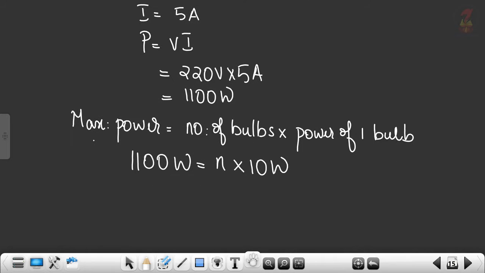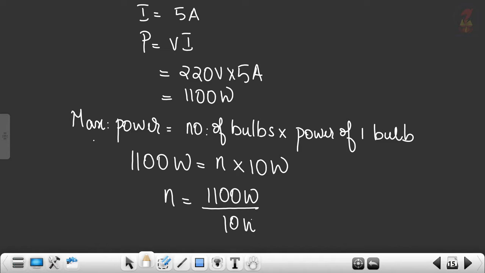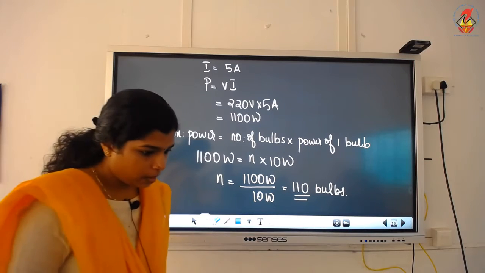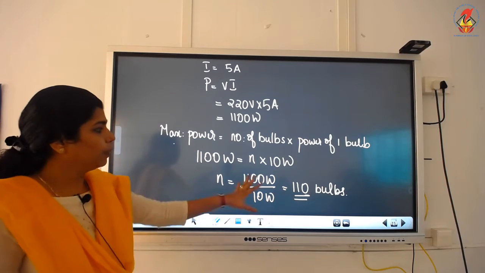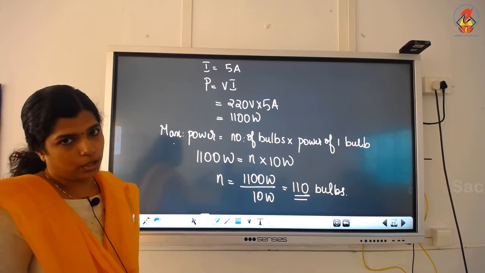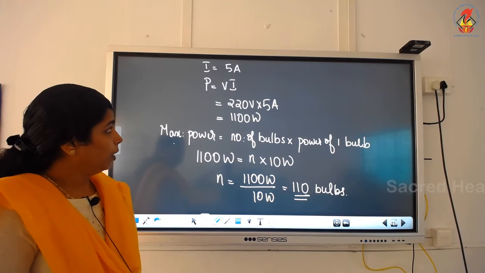So, N is equal to 1100 watt divided by 10 watt, that is equal to 110 bulbs. So, this much bulb can be connected to that circuit.